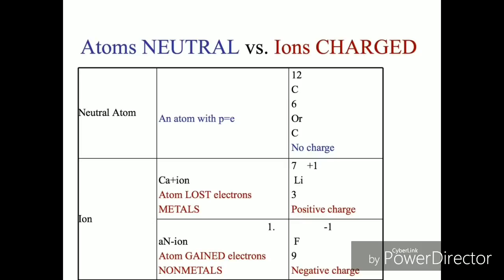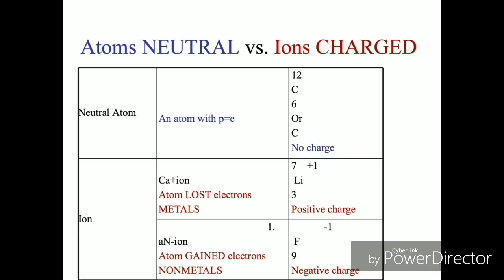In addition to having different proton numbers, atoms can also have different electron numbers. When atoms gain or lose electrons, they form ions. Atoms form ions to obtain more stable electron configurations.